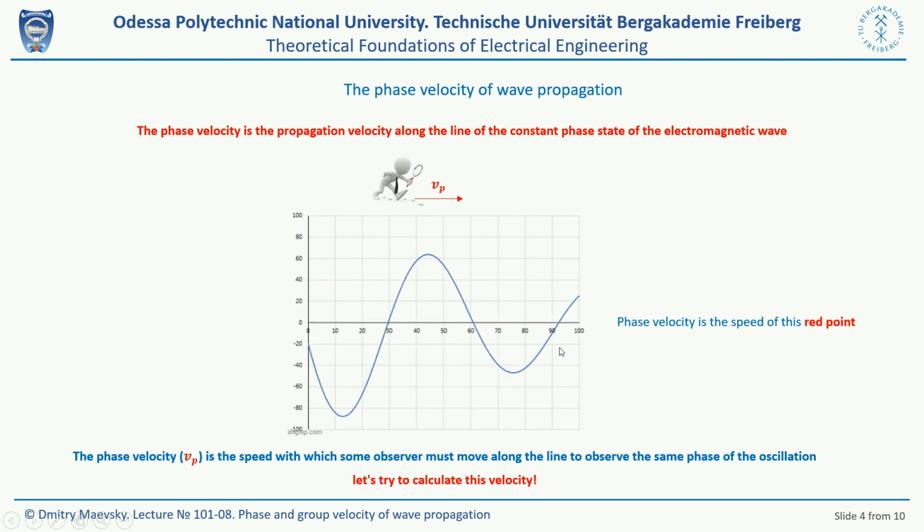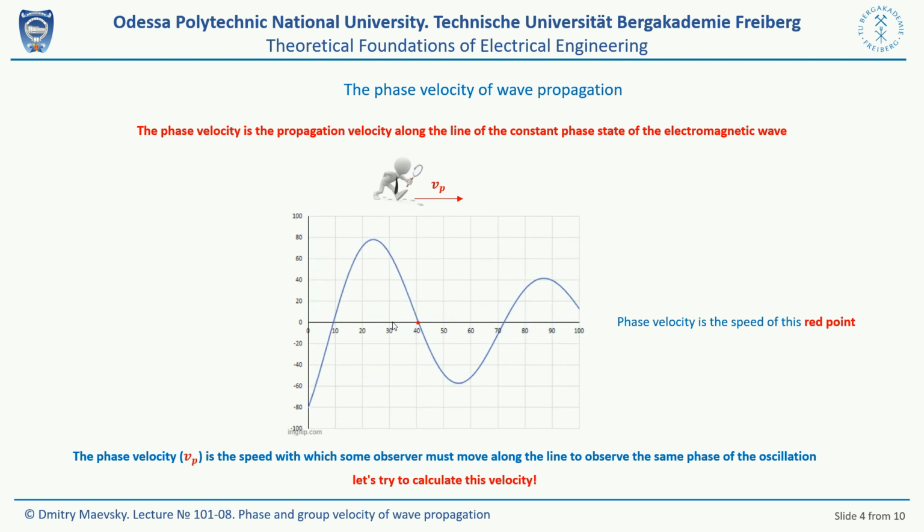But this oscillation, as we can see in this picture, doesn't stand still, but moves from the beginning of the line to its end. To see the phase of oscillation constant all the time, he needs to move along the line with some speed, as shown in this picture.